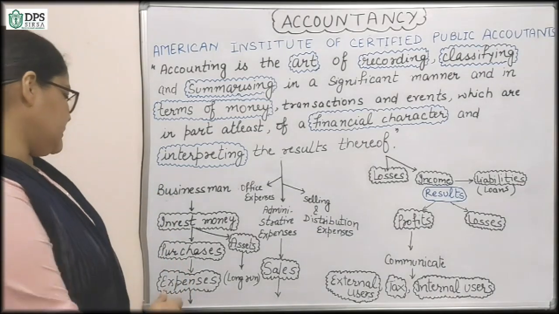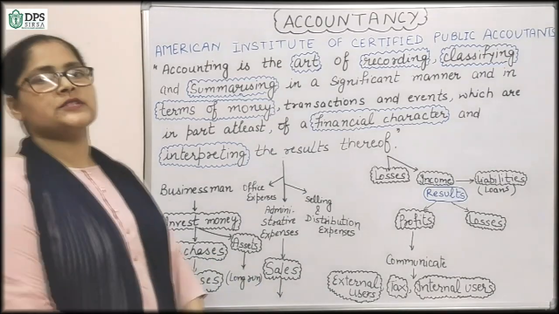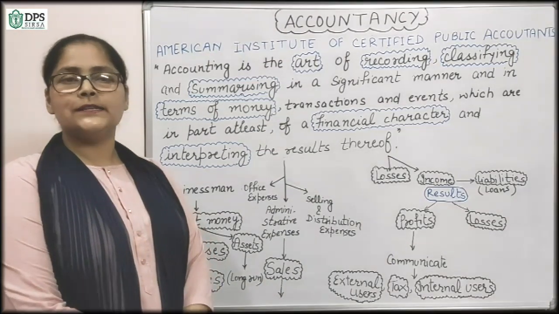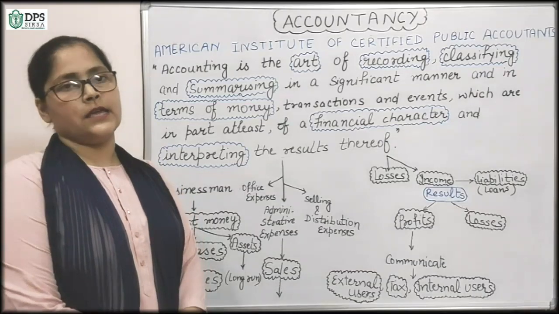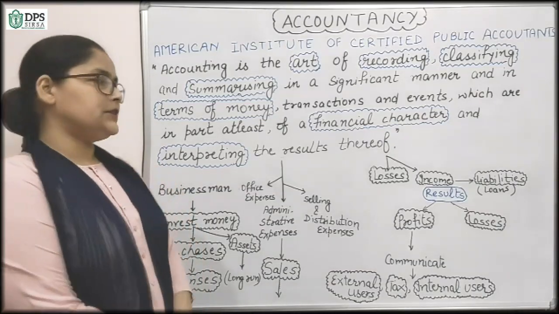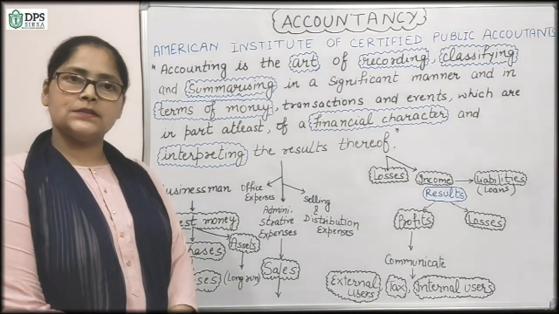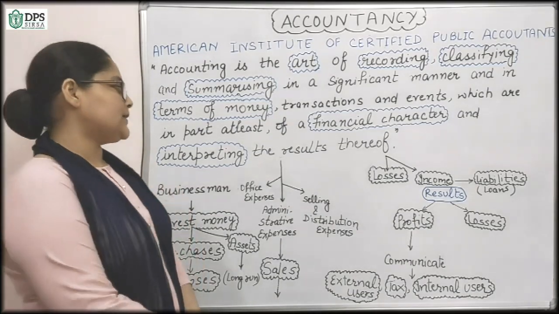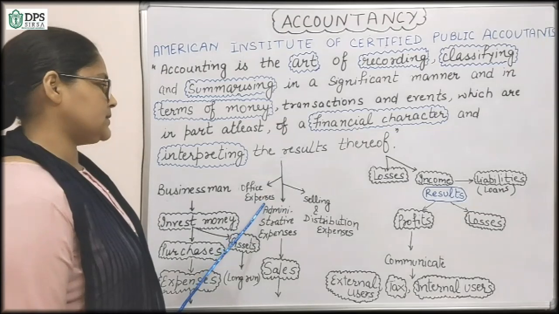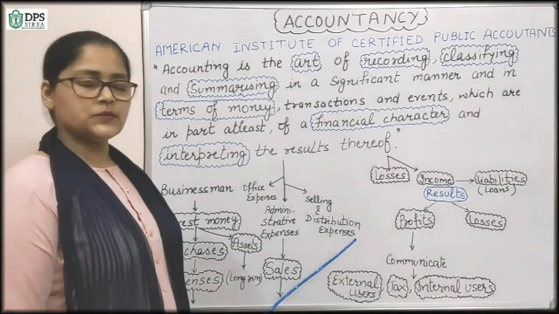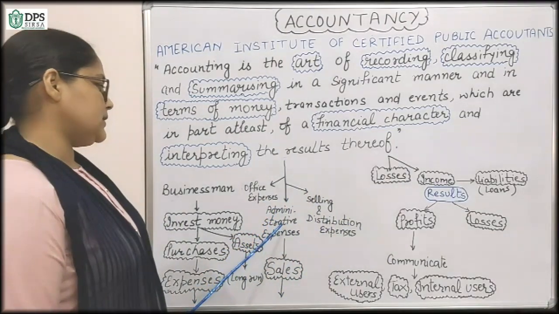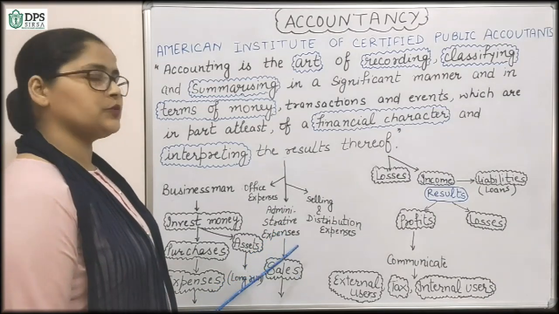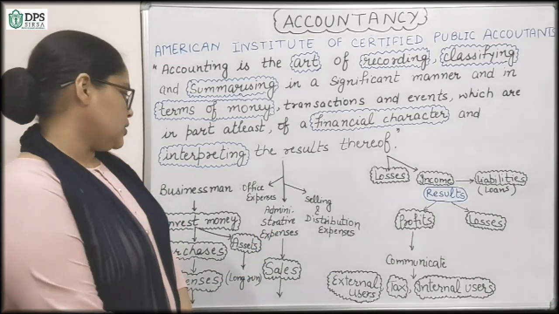Now, from purchases, when he deals in production and engages in production, different types of expenses come in the way of a businessman. The expenses may be office expenses, selling and distribution expenses, administrative and distributive expenses.